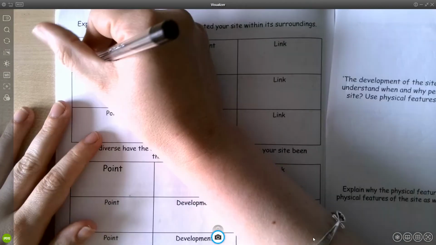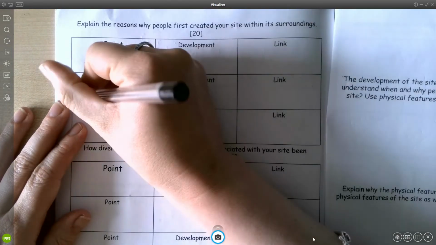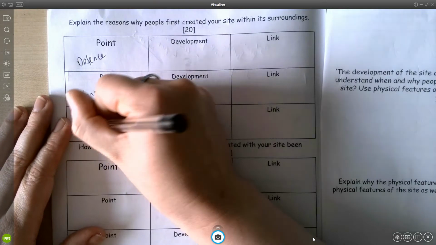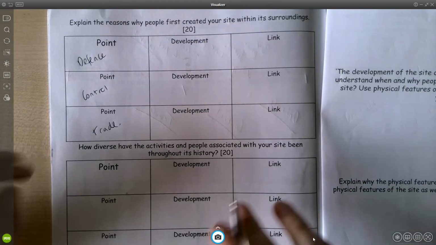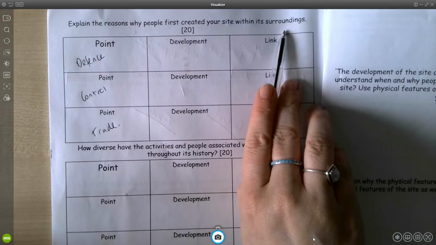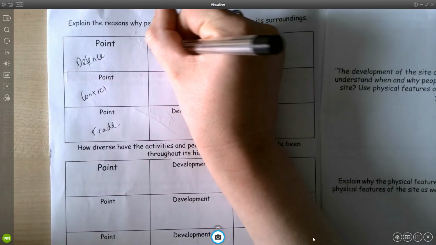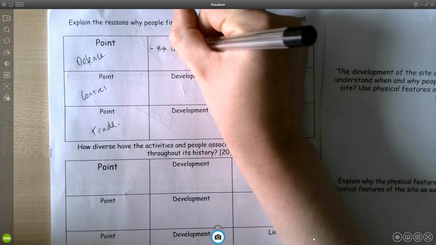So we already identified our points. So we're going to talk about defence, we're going to talk about control, and we are going to talk about trade. Now, one of the reasons why it's defence, or one of the reasons why they choose those surroundings, is because of the high cliff at the back.